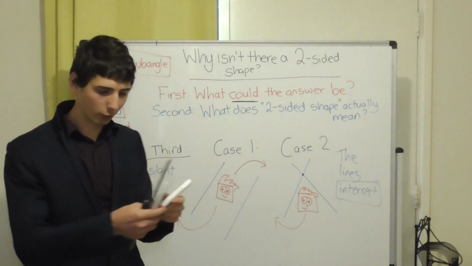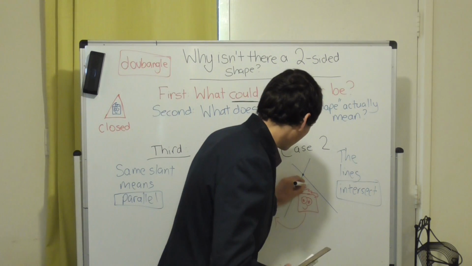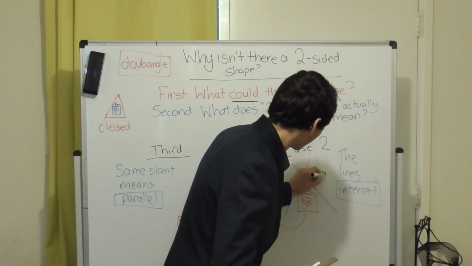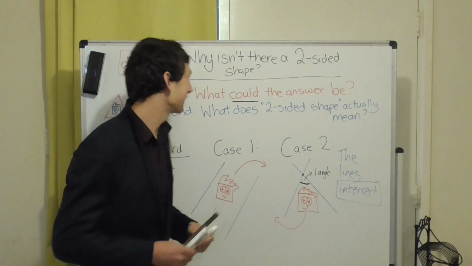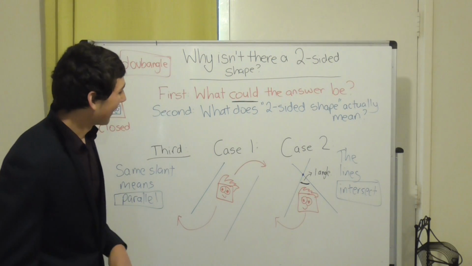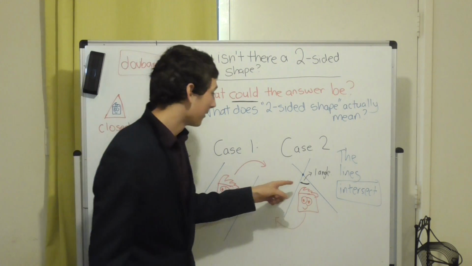But how many angles can you actually see? You can actually only see this one angle. One angle. So it wouldn't actually be a double-angle. It would be a one angle. Or some other variation of that.